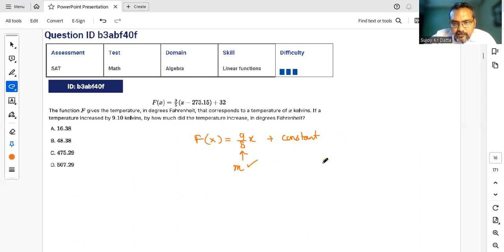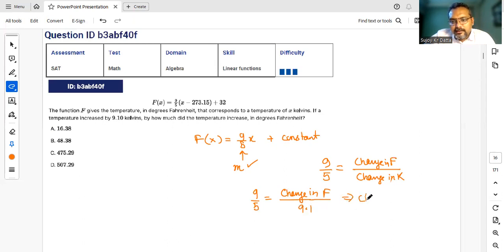The slope tells you that 9 by 5 is the change in y, which here is the Fahrenheit, change in F, divided by the change in x, which is the change in Kelvin, right? So if I were to plug in the values, 9 over 5 equals the change in Fahrenheit, which we don't know. That's what we need to find. So let's call that the change in Fahrenheit, divided by the change in Kelvin, which is 9.1.